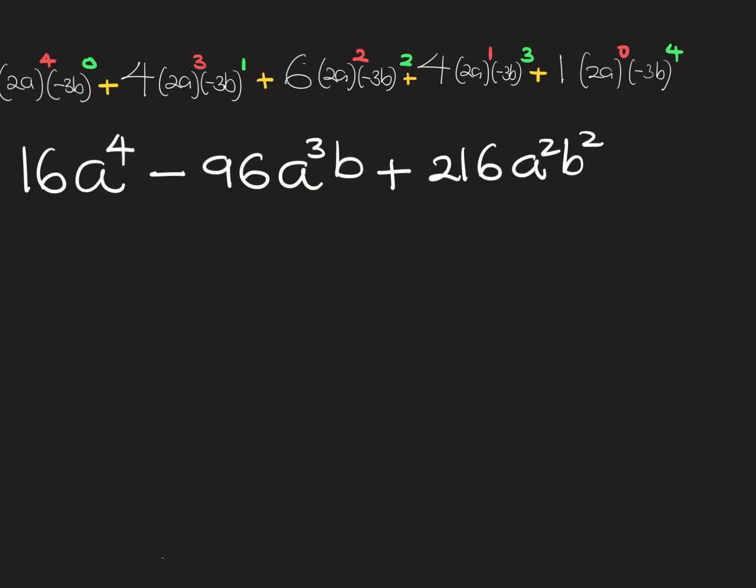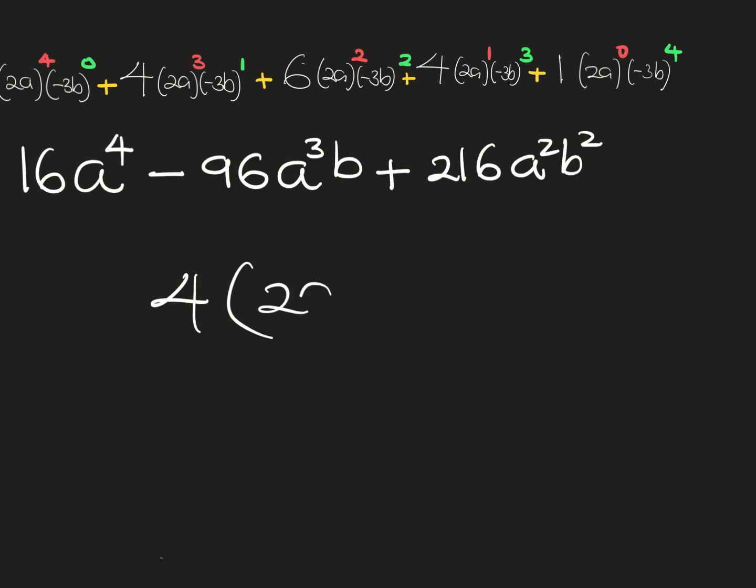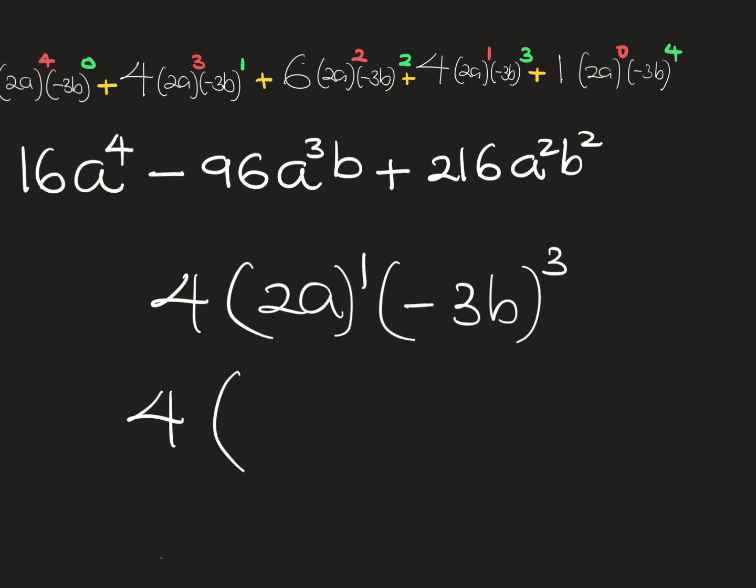Moving on, for this expression here, which is 4 into 2a to the power 1 minus 3b to the power 3, any expression to the power 1 is the same as that expression, so we'll have 2a into minus 3 in bracket to the power 3.